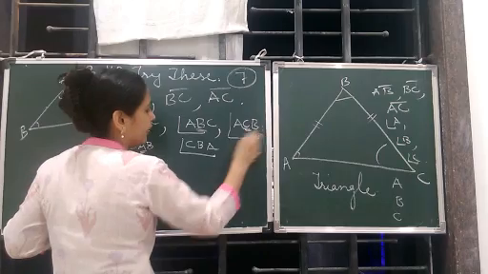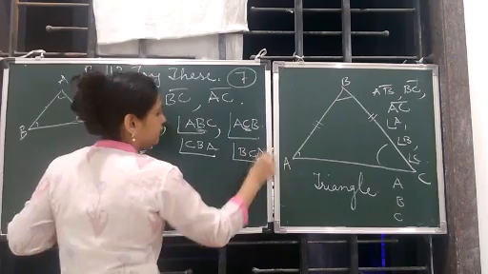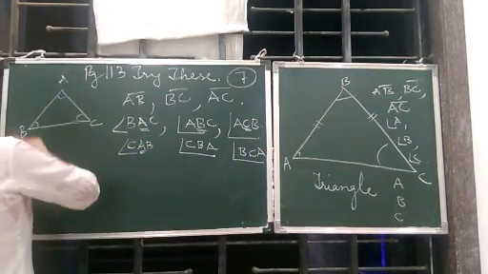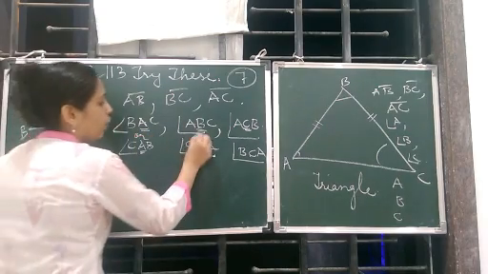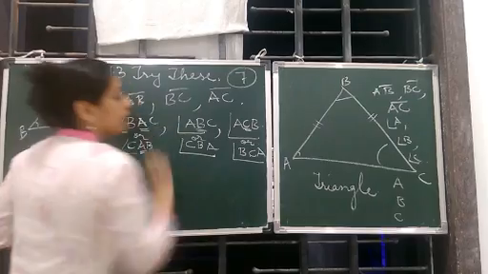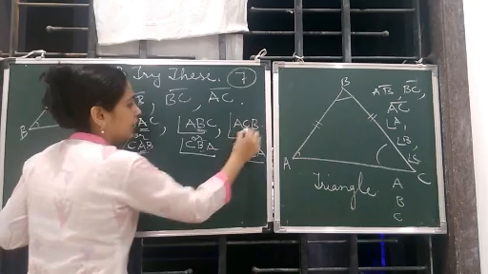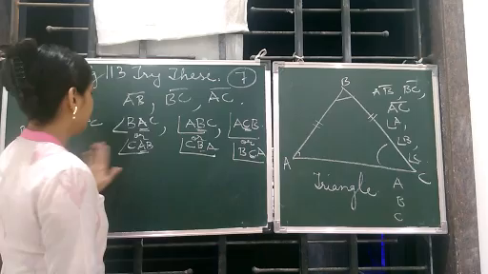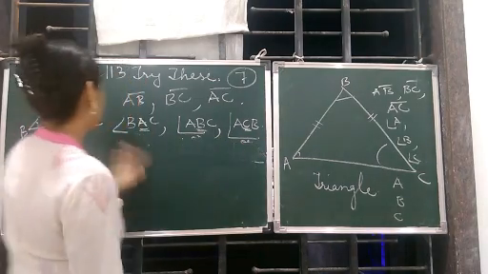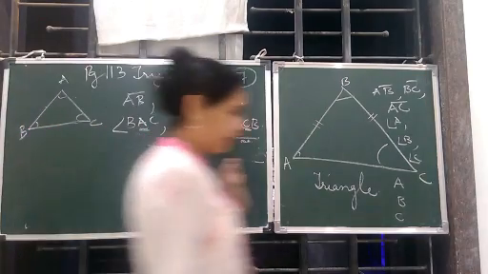Then angle ACB can also be written as BCA. Clear? The only thing we have to keep in mind is that the vertex should be in the middle. So this completes question number 1.